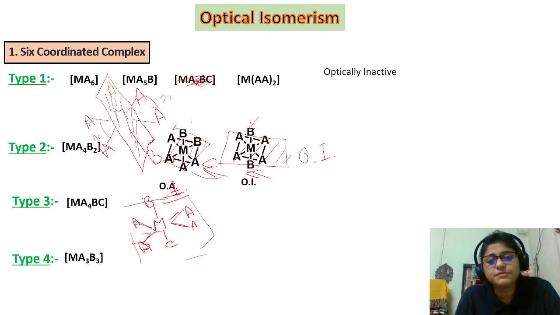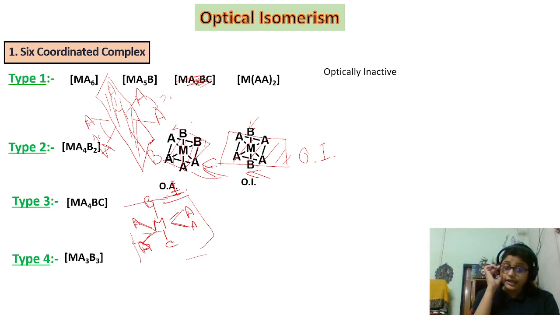In this plane B, C are present, but it is cutting these two halves, where on the left side also A molecules are present at 90-degree angle, on the right side also A molecules are present at 90-degree angle. So in the case of trans, this will be optically inactive again, and in the case of cis also, like here BC, if we place, again the same plane of symmetry is there and it will also be optically inactive.